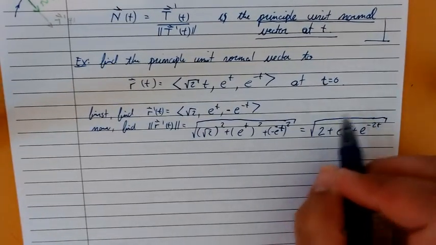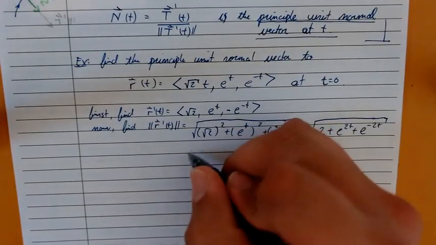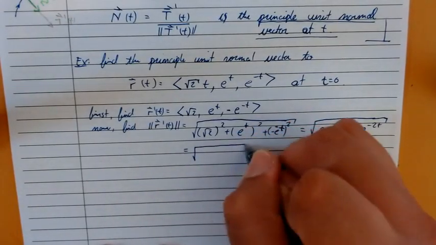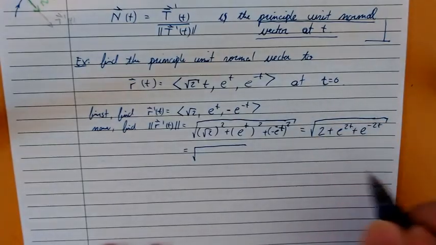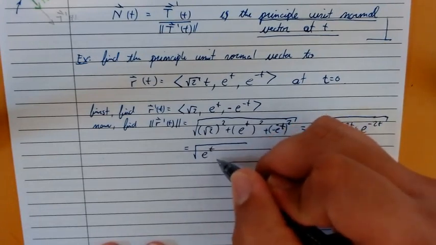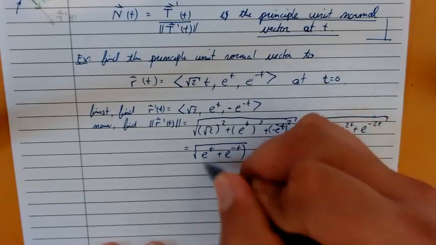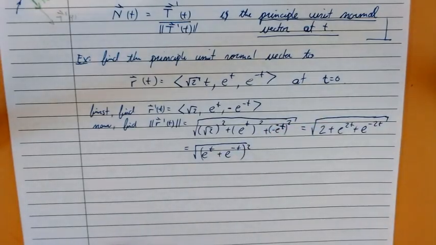Notice here that this can actually be simplified. I can actually factor this. This is going to be the square root of e to the t plus e to the minus t, quantity squared.